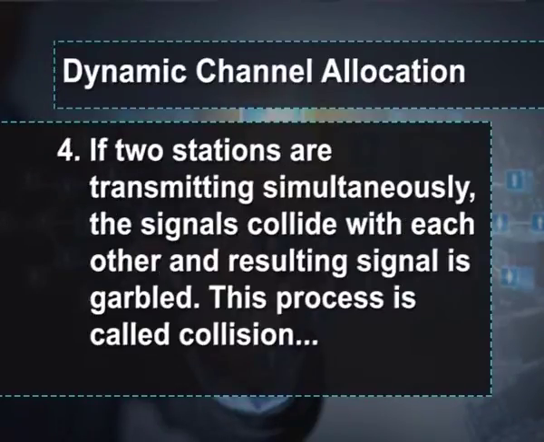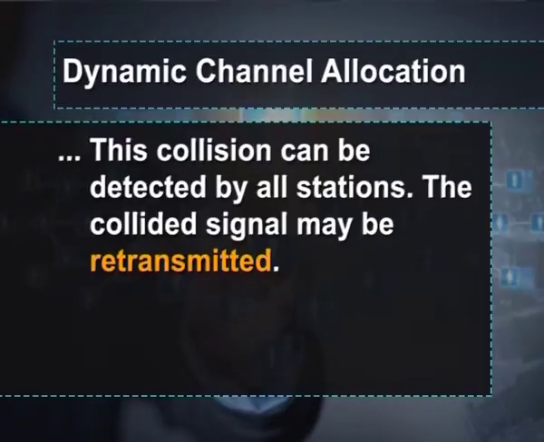Fourth requirement is that if two stations are transmitting simultaneously, the signals collide with each other and resulting signal is garbled. This process is called collision. This collision can be detected by all the other stations. The collided signal may be retransmitted.